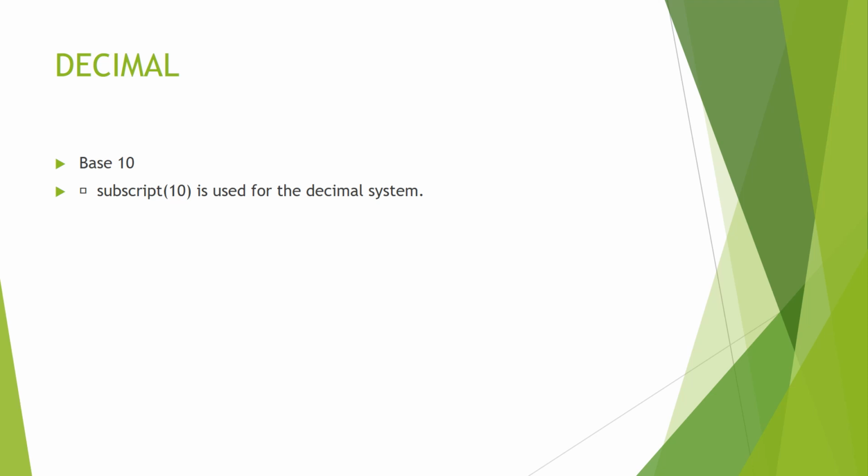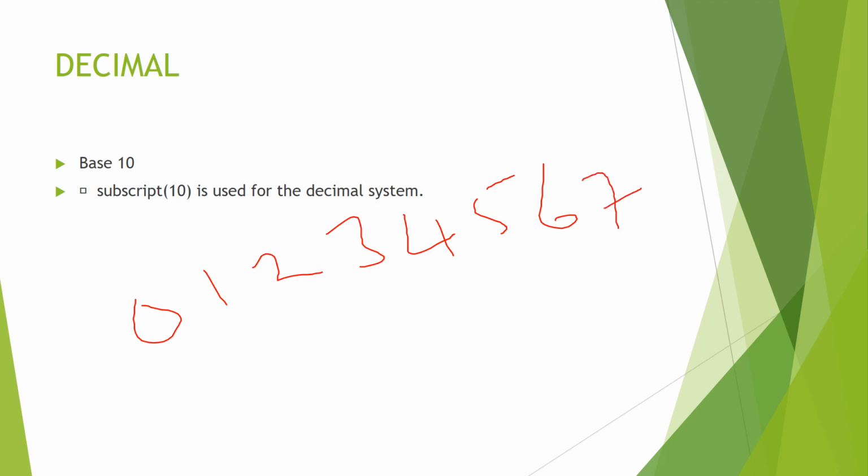That is, we have 0, 1, 2, 3, 4, 5, 6, 7, 8, 9, and that is the end. If you count inclusive of 0, between 0 and 9, there are 10 numbers.